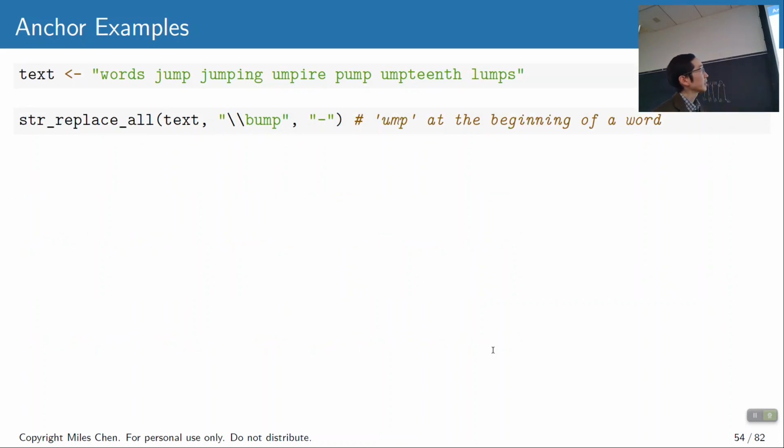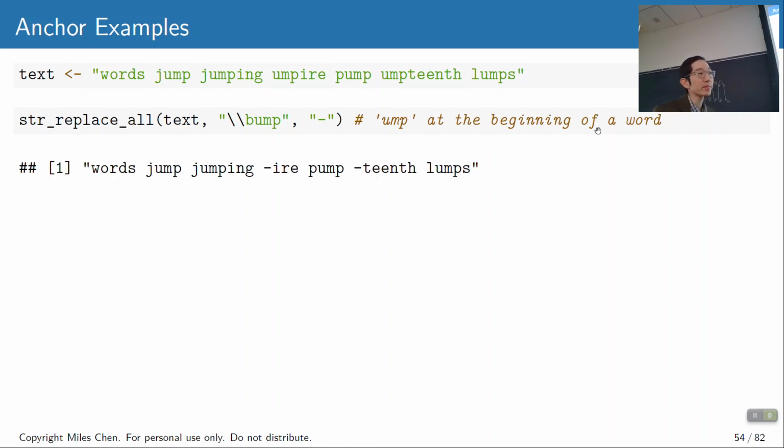Okay, so what about this? Take a look at this. Here we have \b to indicate a word boundary. So at the start of a word, replace UMP. Which words will get the UMP replaced with a dash? We will replace the UMP in umpire and umpteenth because those UMPs are preceded by a word boundary.